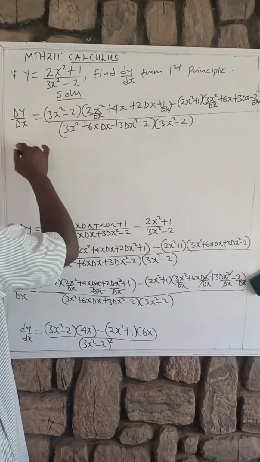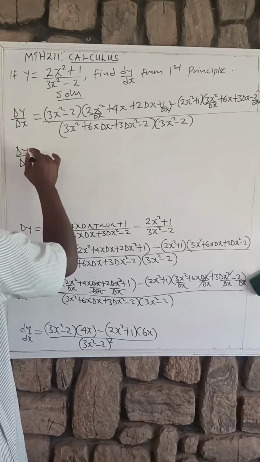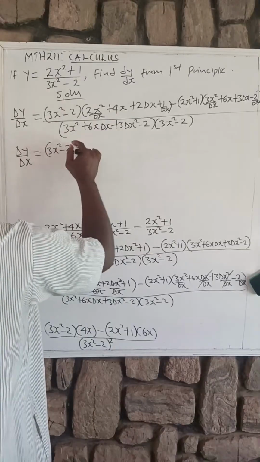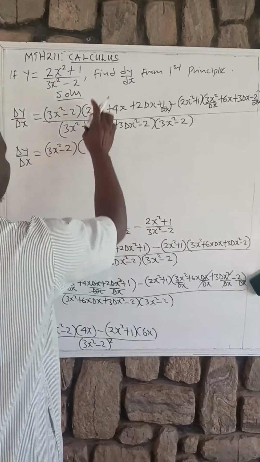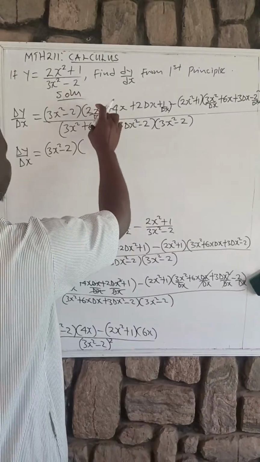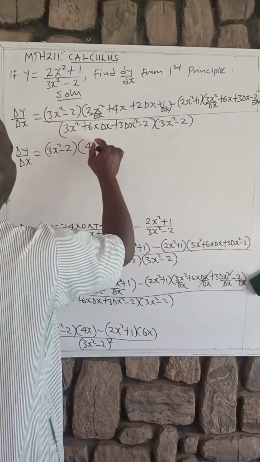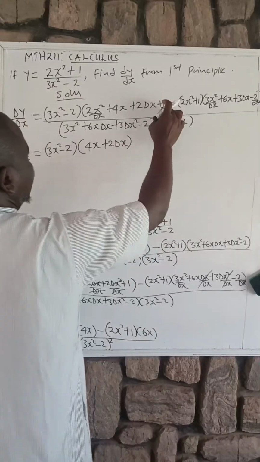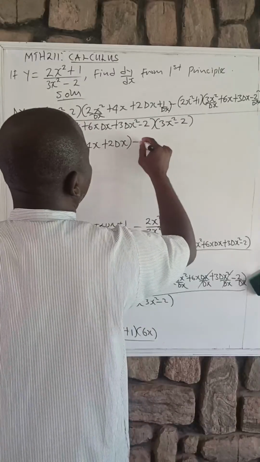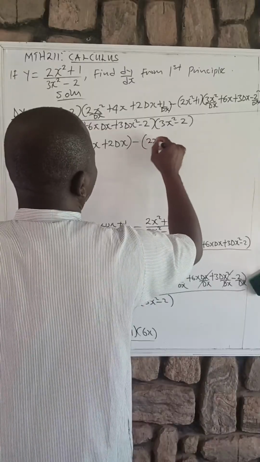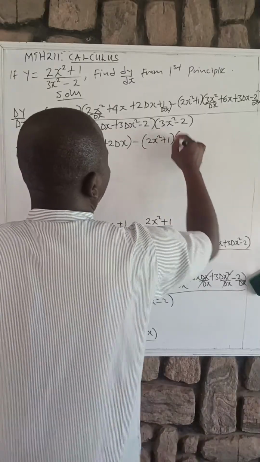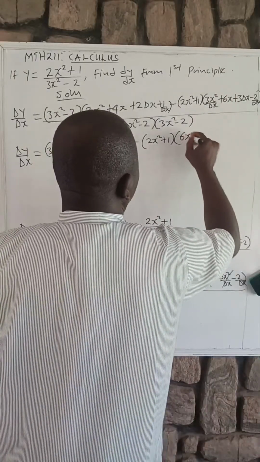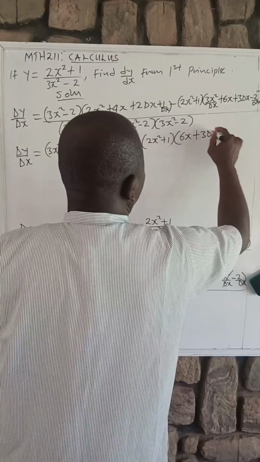So our dy all over dx is equal to 3x squared minus 2 open bracket. Here is 0 because of 2x squared over dx. Then 4x plus 2 dx. Here is 0 because 1 over dx. Then minus open bracket 2x squared plus 1. Here is 0 because of 3x squared dx. Then 6x plus 3 dx.